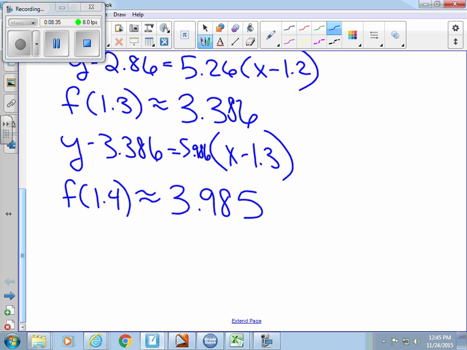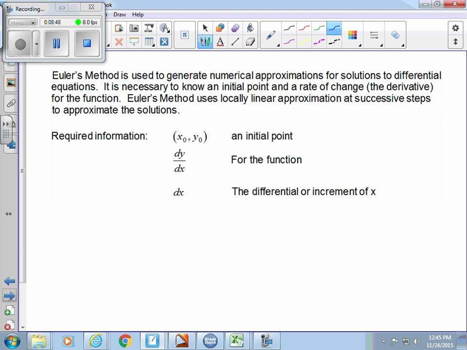We're not going to do that today. But Euler's method can give you a very good approximation for a function value on a differential equation that we cannot solve. And it's using local linear approximation routine. That's what we're going to learn how to do today. So, Euler's method is used to generate numerical approximations for solutions to differential equations.